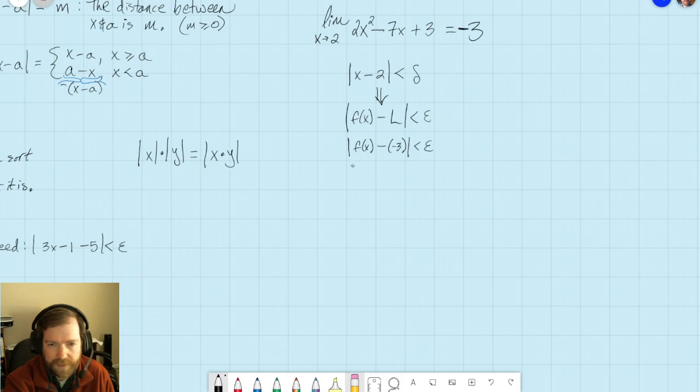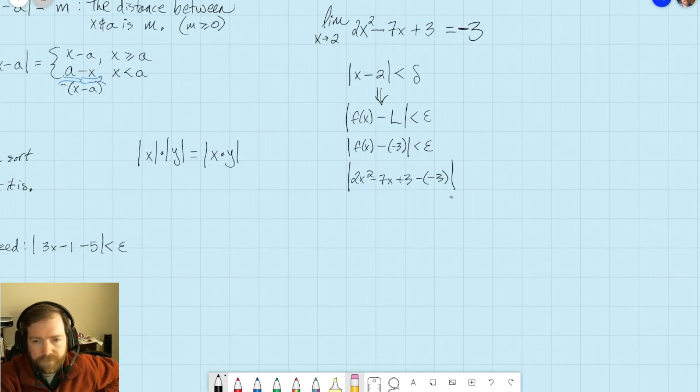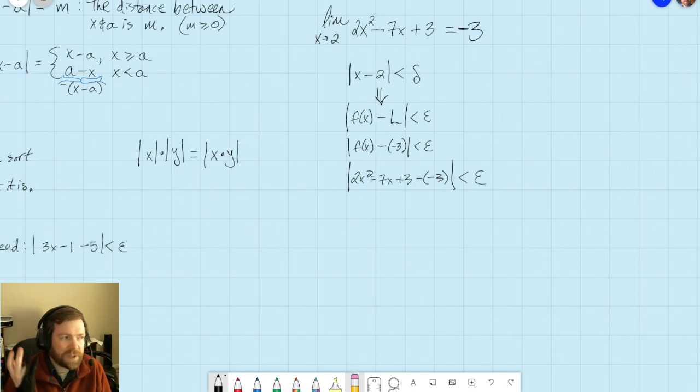Well, f of x, again, is 2x squared minus 7x plus 3 minus a negative 3. That needs to be less than epsilon. Now you can already see that I'm starting kind of naturally at the wrong end of the implication here. This is the wrong end of the proof.